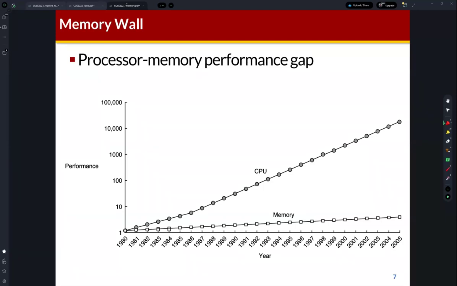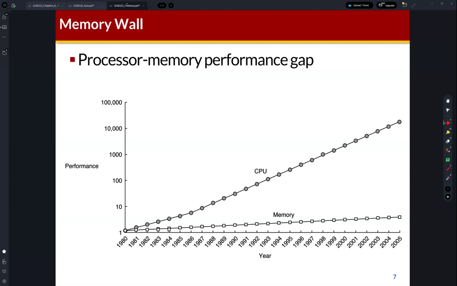You can find this graph. The y-axis is the performance on a log scale, and this is the year, the time. You can find that the CPU performance increased exponentially.